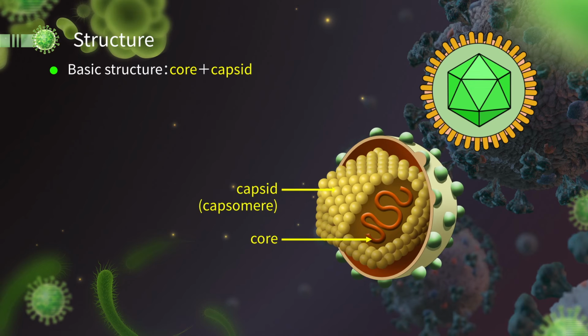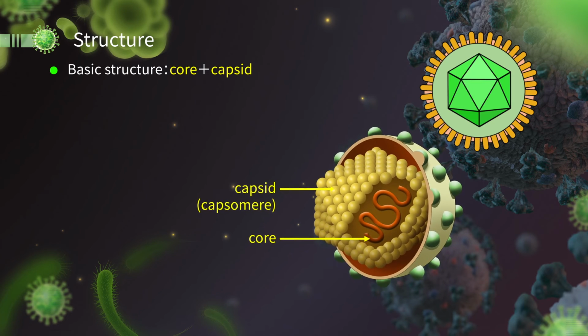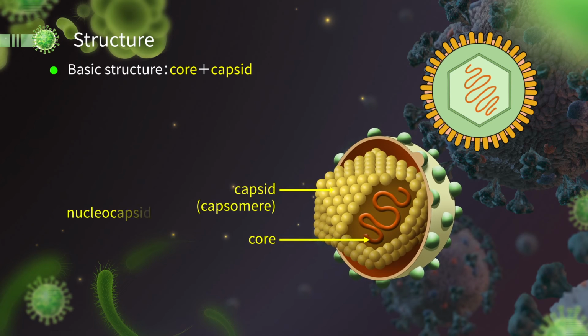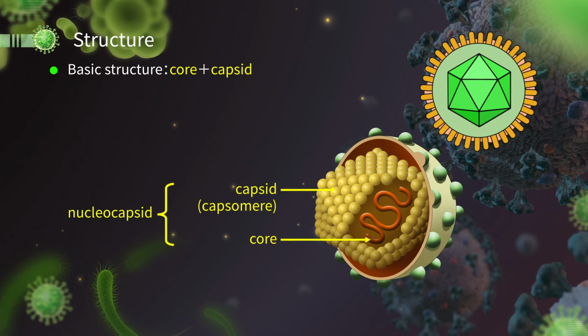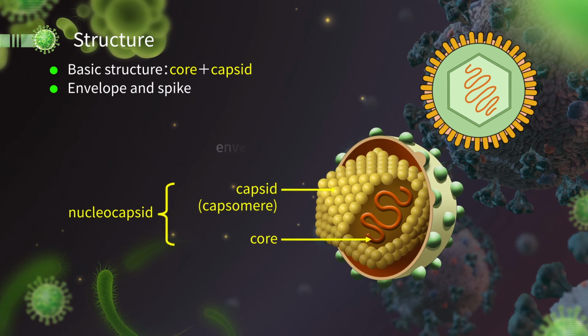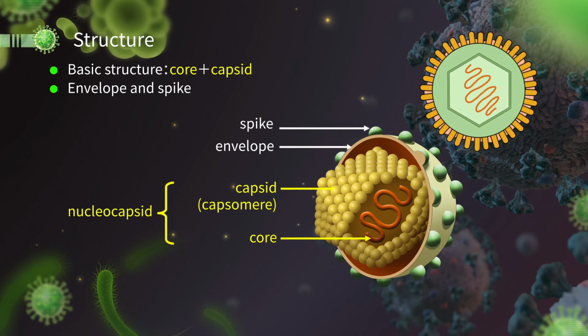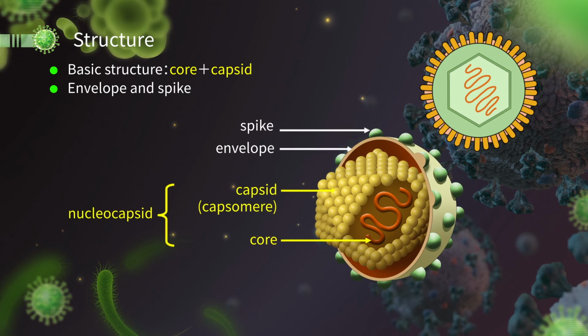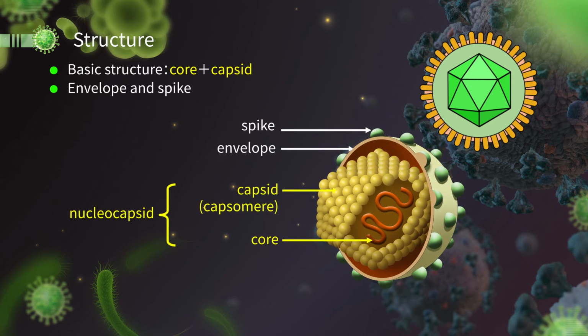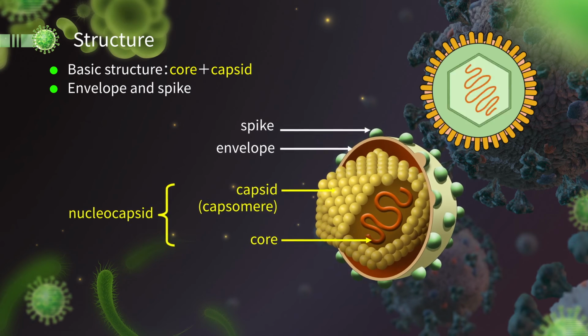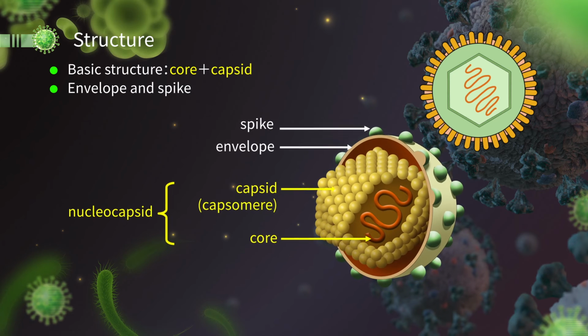Each unit of the capsid is called a capsomere. The nucleic acid and the capsid together are called the nucleocapsid. Some viruses are surrounded by an envelope, and there are spikes on the envelope. The virion may also contain certain essential or accessory enzymes or other proteins to facilitate initial replication in a cell.